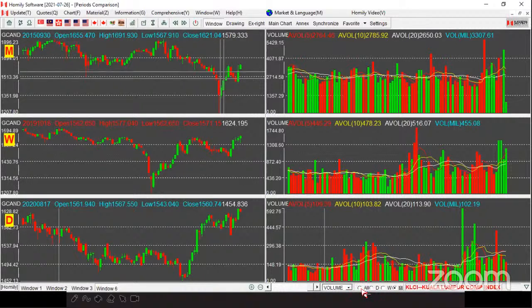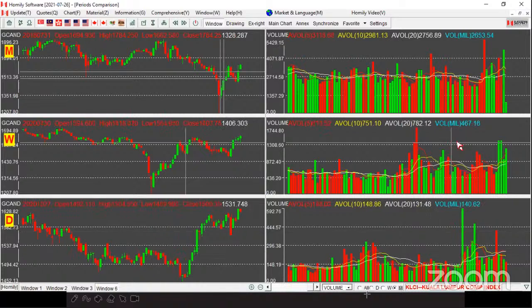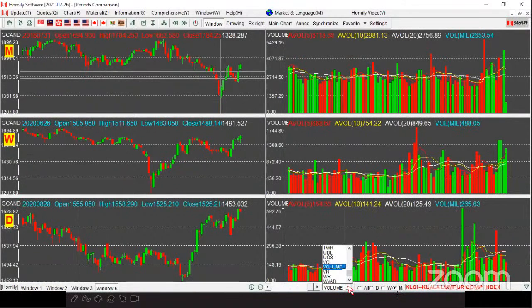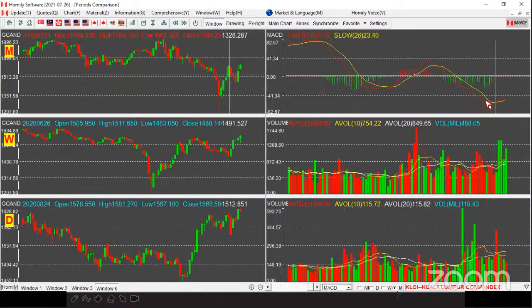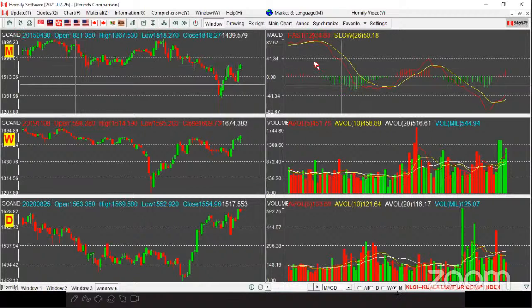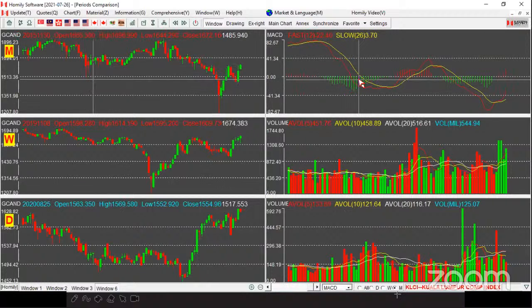If you leave it as the default, then once you change the indicator, all three indicators will be changed at the same time to the same one. So we must choose M, which means the monthly chart. Then we can choose the indicator from here. On the monthly chart, we need to use MACD, right? Choose MACD. You will see the right side window over here has already changed to MACD.